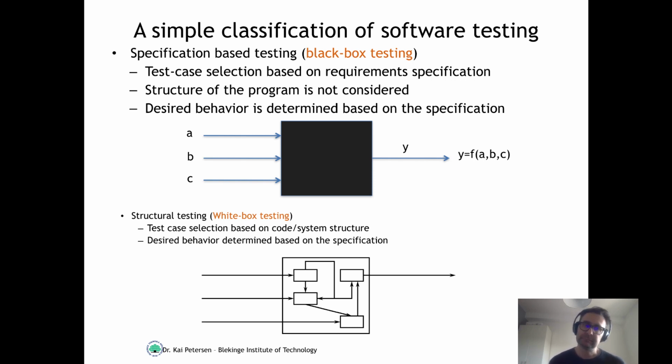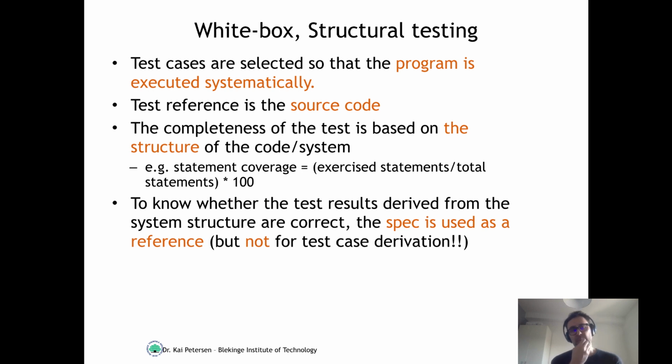So white box testing is also called structural testing. This is what we will give examples of in the coming videos and modules. Test cases are selected so that the program is executed systematically. So we try to somehow cover what's inside the software that we're testing.